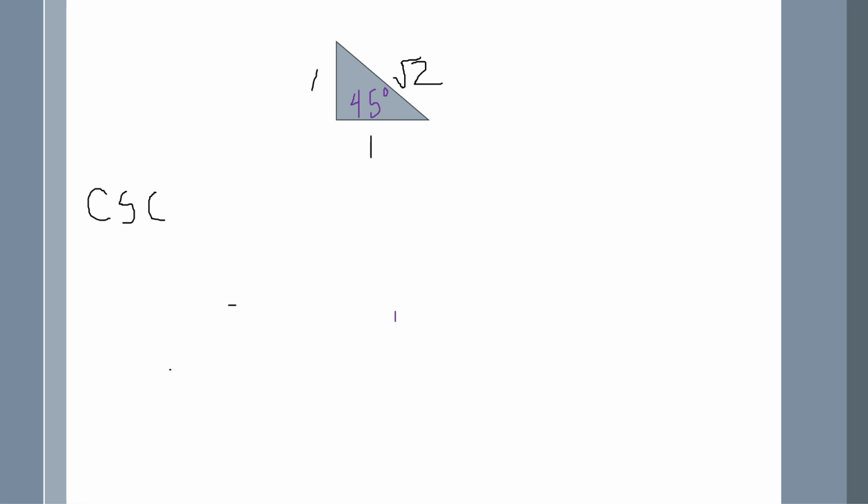So instead of saying opposite over hypotenuse, you're going to say hypotenuse over opposite, which is square root 2 over 1, which is simply just square root of 2.